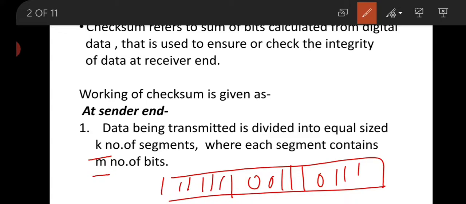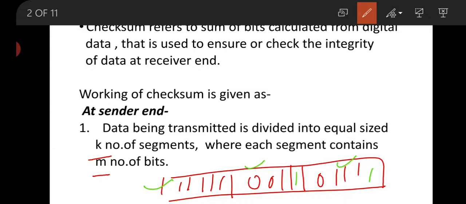Here, if we see segments 1, 2, 3, then the value of k is 3, and the bits in each segment are 1 2 3 4 5, so m is 5.